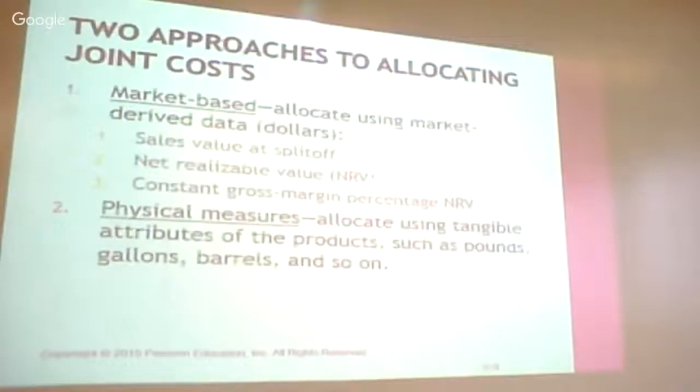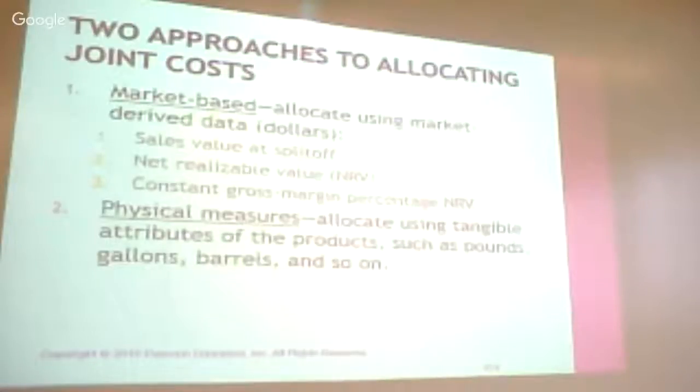All right, so we have two approaches to allocating joint costs. The first one is market-based and physical measures. We have market-based, which allocates using market-derived data, okay? And we can use that based off sales value at split-off, net realizable value, or constant gross margin percentage.